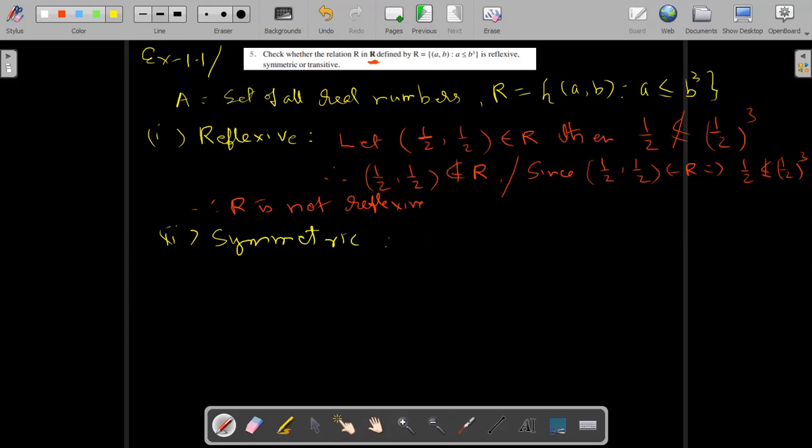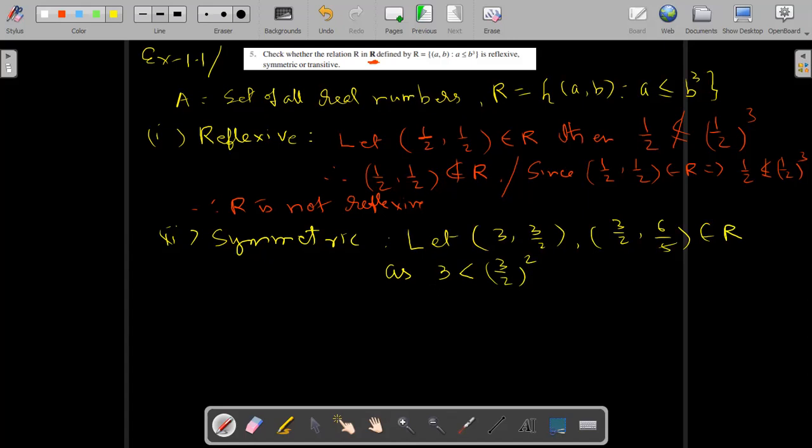So here you have to work on it and find some examples like: let (3, 3/2) and (3/2, 6/5) both belong to R. Why do they belong to R? As 3 is less than (3/2) square, how will you check? 3 squared is 9, 2 squared is 4, 3 times 4 is 12.